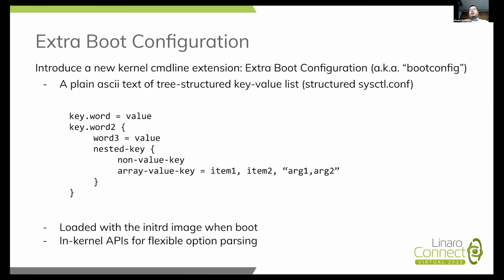It's like a structured sysctl.conf. So you can see in the example, some keywords equal values, and also we can consolidate several settings with braces. This is loaded with the initrd image when booting, and in the kernel, it also provides some special in-kernel APIs for flexible option passing.